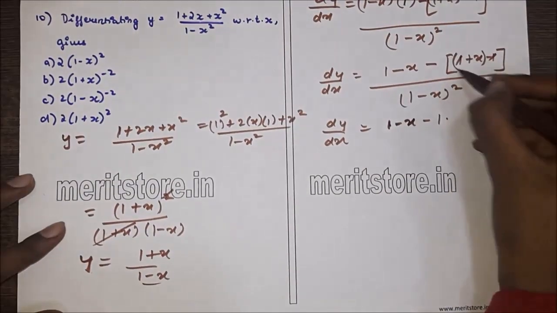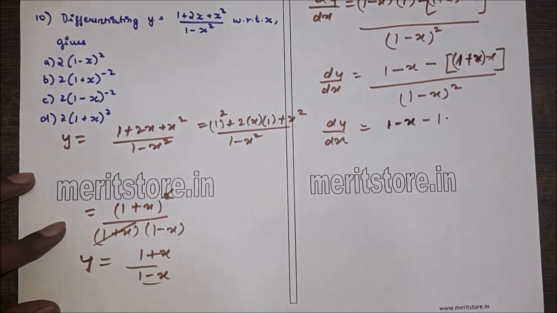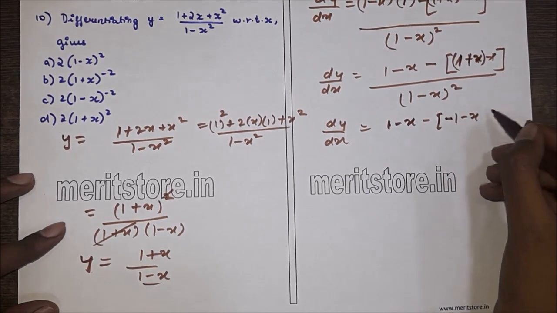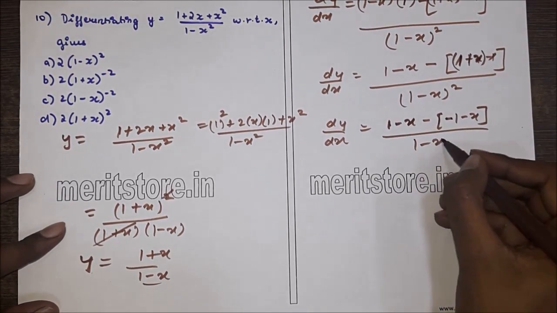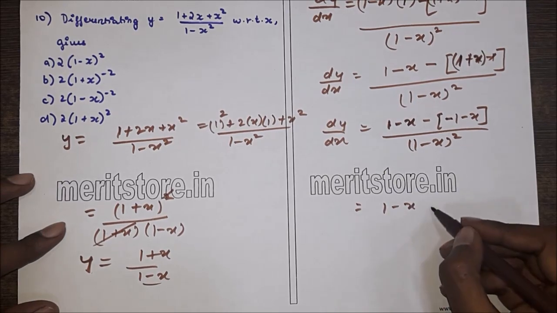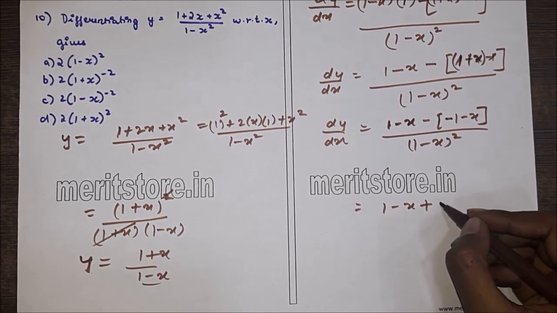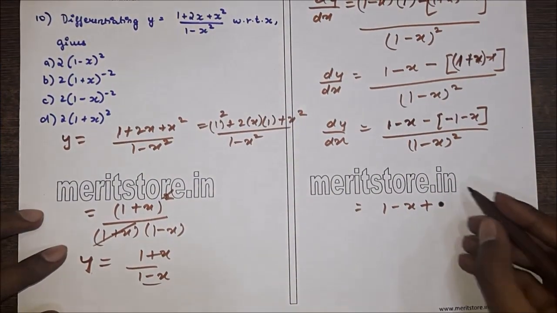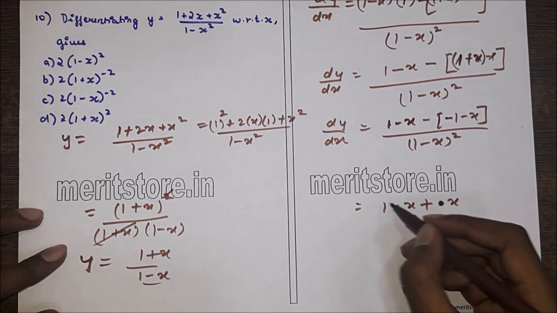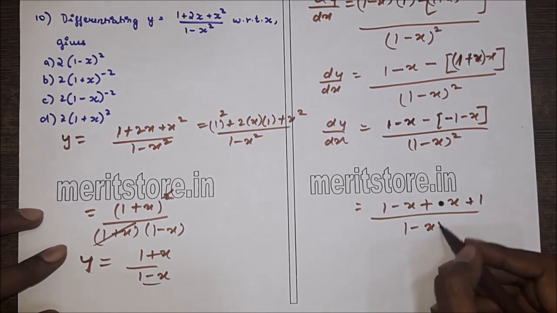Expanding the term, we get 1 minus x plus 1 plus x, divided by 1 minus x the whole square.